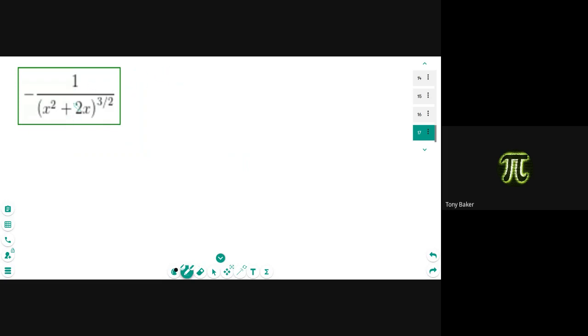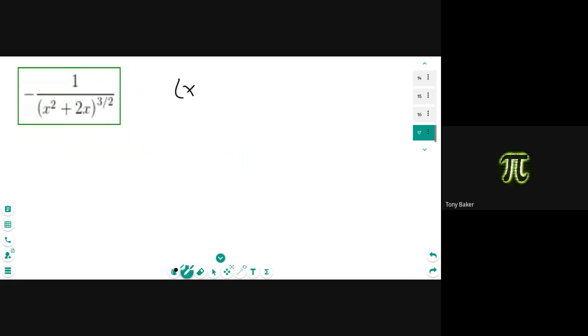Since this one can never equal 0. And my problem was negative 25 over 4 times x squared plus 5x to the 3 halves. Same concept. Still can never equal 0, because there's no variable in the top. So I know it's not going to equal 0. So we're looking for where it doesn't exist.